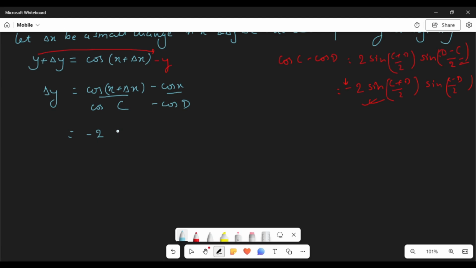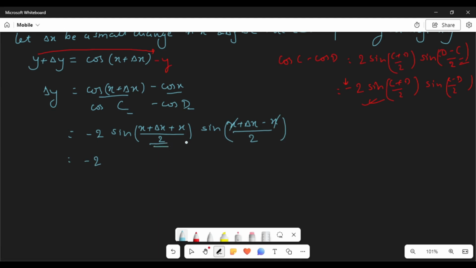minus 2 sine of (c plus d) divided by 2, meaning (x plus del x plus x) divided by 2, and here sine of (c minus d) divided by 2. X cancels out.